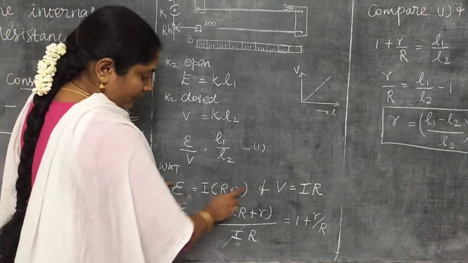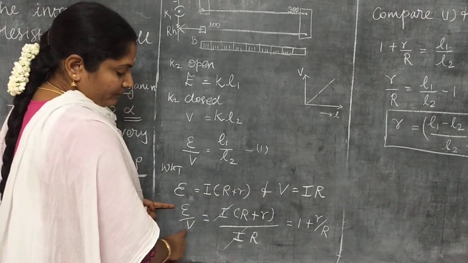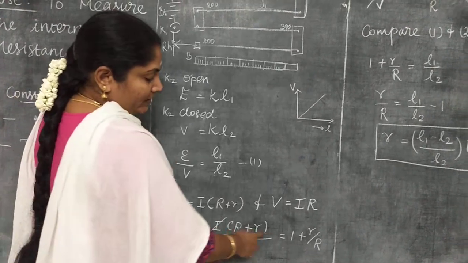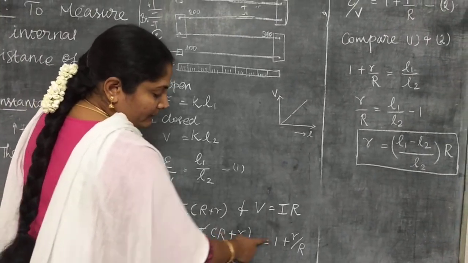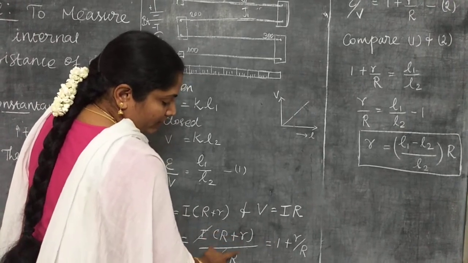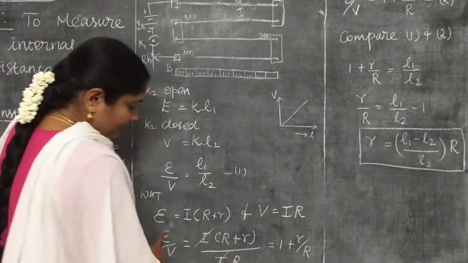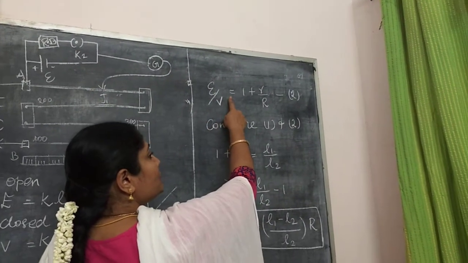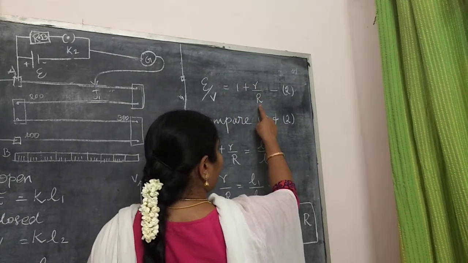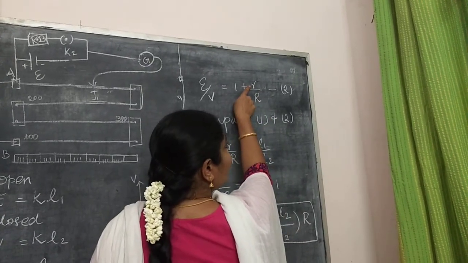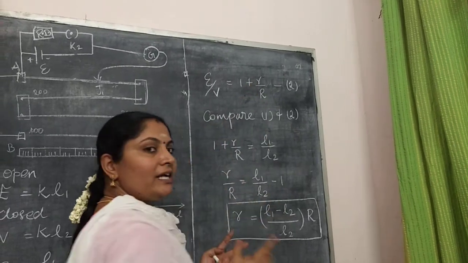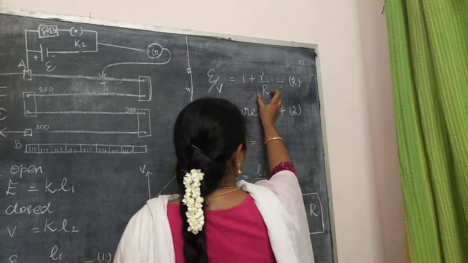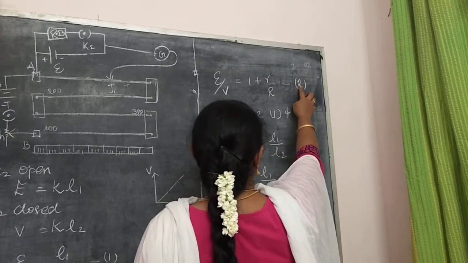Dividing these two expressions, E by V, I gets cancelled, R divided by R becomes 1, plus small r by capital R. So E by V is equal to 1 plus r by R. Small r is the internal resistance of the cell, that only we are going to measure here. Capital R is the external resistance, and this is equation number 2.